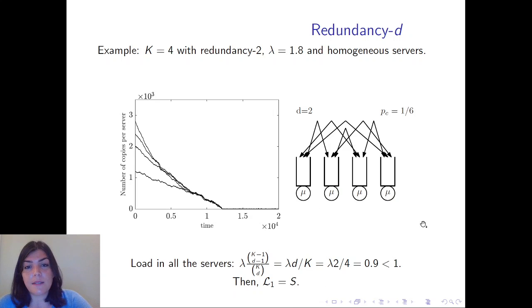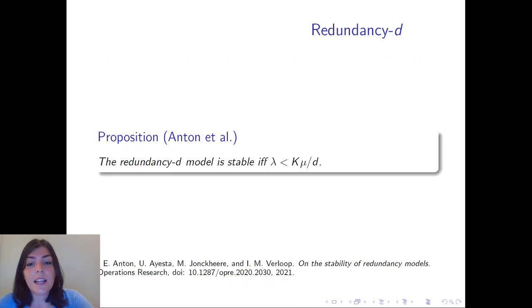And then the stability condition reduces to lambda needs to be smaller than k times mu divided by d, which is a stability condition also obtained in a previous paper of ours. And we note that this stability condition coincides with that of a system where all the copies need to be served and is decreasing in the number of copies d.